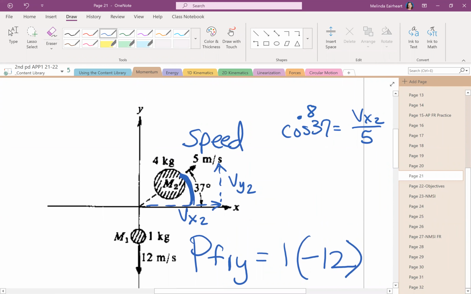And so 0.8 times 5, 4 meters per second. By the way, 37, AP usually uses 37 or 53 because it gives some nice function values.